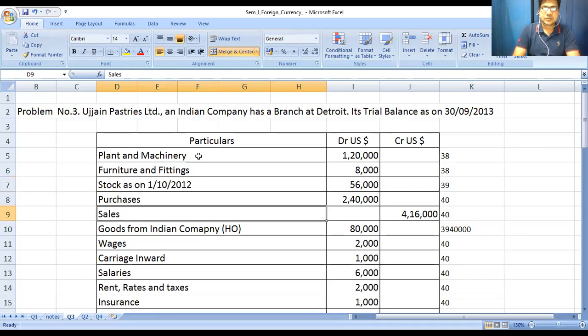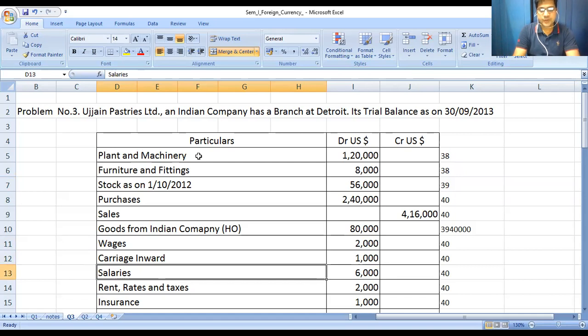Sales: trading account credit side. Goods from Indian company means goods sent to branch: trading account debit side. Wages: trading account debit side. Carriage inward: trading account debit side.